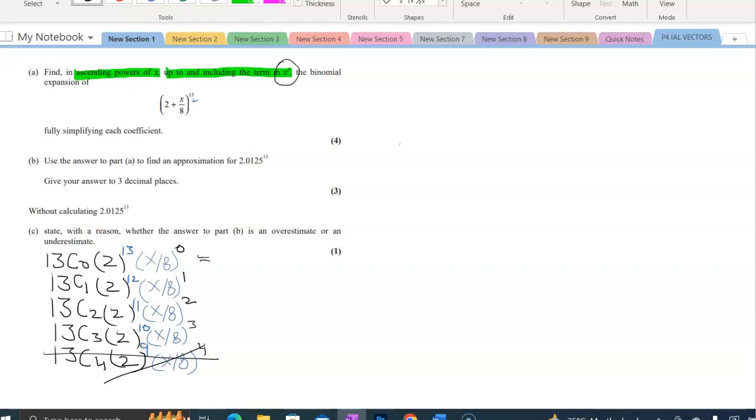Now anything to the power 0 is 1. So 13C0 is 1. 2 to the power 13, if you check your calculator, is 8192. 13C1 is 13. 2 to the power 12 is 4096.